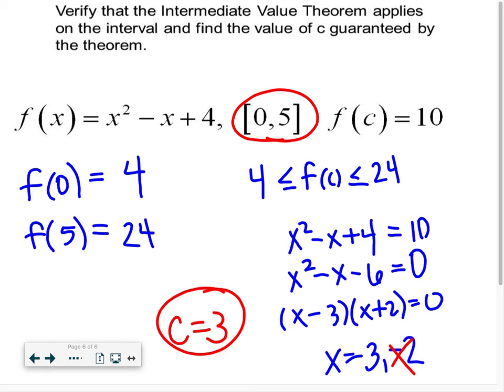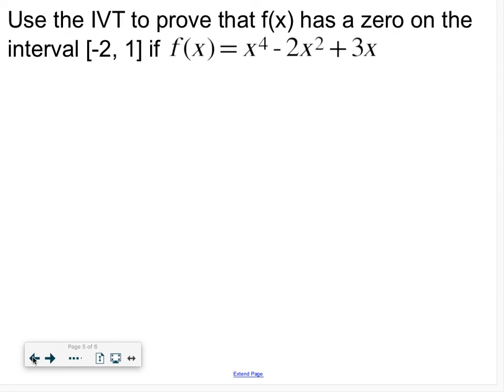Now, we're not going to do this example, but I just want to preview it. You're going to get a question in your homework that asks you to prove that there is a 0 on the interval. You're doing the exact same thing, but what would you hope to find in your y values? On your interval, your y values would need to be one above and one below, so that they would go through the x-axis.